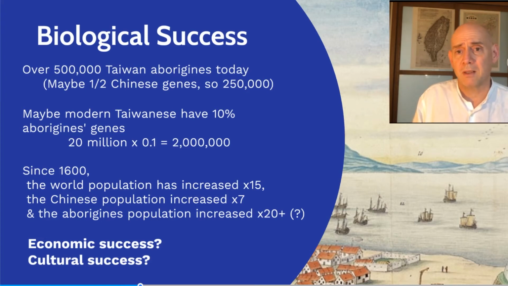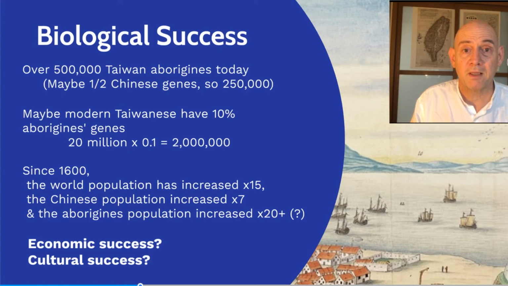Okay, but when you talk about the success of the Taiwanese, and you want to compare it to the success of the Chinese population overall in the world, well, Taiwan is a particularly rich place. I wouldn't be surprised if the average Taiwanese, or average Taiwanese Aborigine, was richer than the average Chinese, including Chinese in China, Taiwan, also Singapore, Malaysia, wherever.